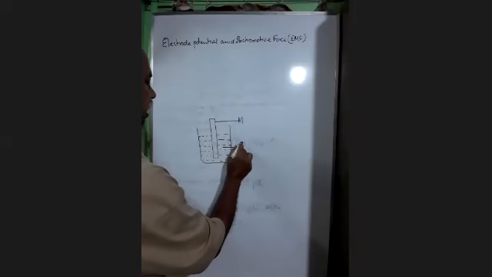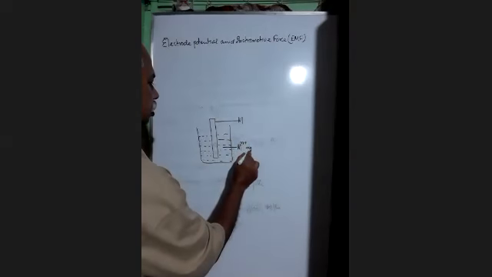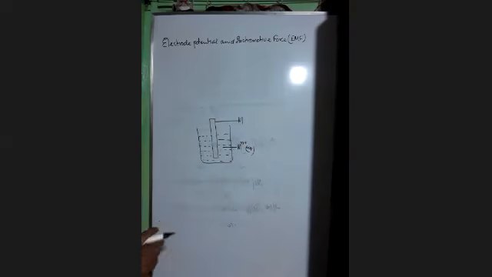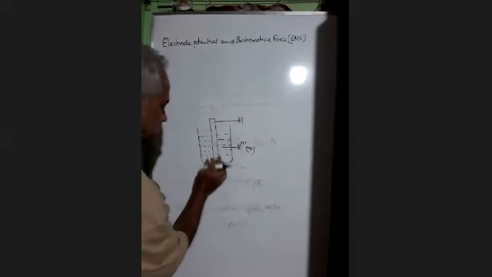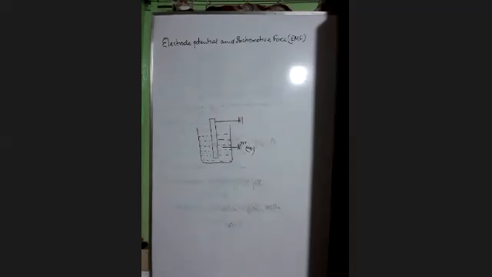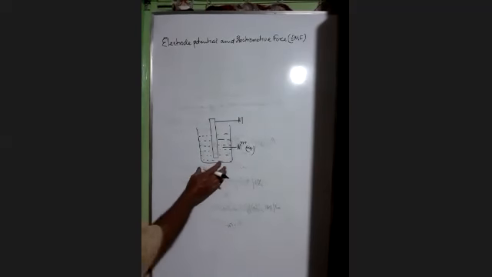M^n+, because we do not know the charge, so I have written M^n+. That is, the electrode is being put in a solution of the salt of the same metal. So what are the things that are going to happen? There are three possibilities.